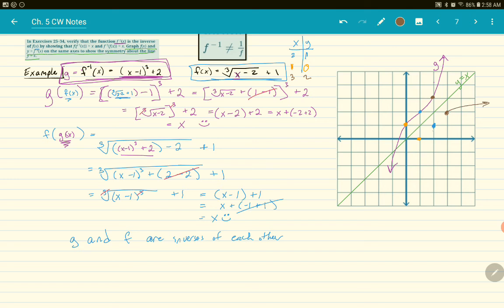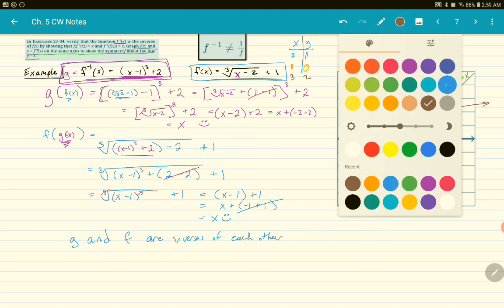Let's see if I can do this. So that kind of goes in and then like that. That's not great, but that's better. All right, so those two graphs, that brown one, I should have done that in blue.